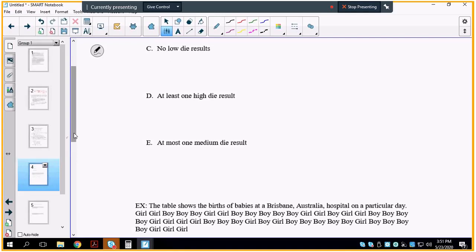So what you can do, write down the sample space and the event space for this one. No low die means you cannot have 1 or 2.